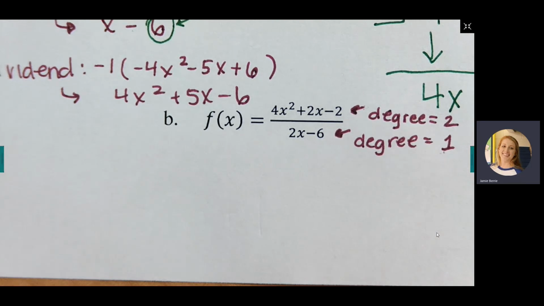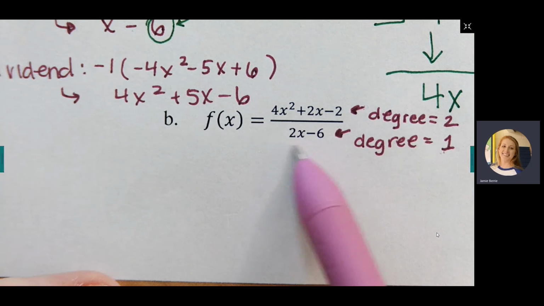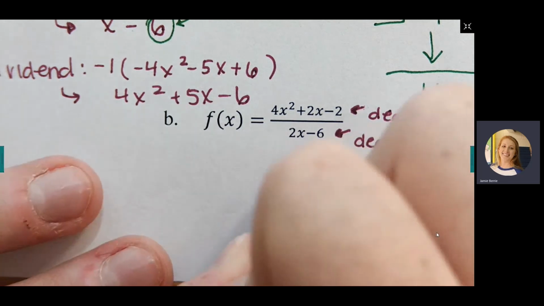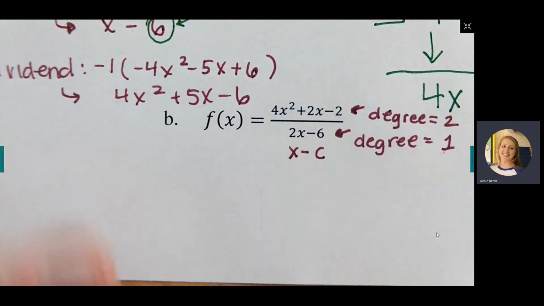All right, so the only problem here is that our divisor is not in the correct form. We need it to be in the form x minus c. So what do you think we should do? How can we get rid of that 2? Yeah, divide by 2. Divide everything by 2. So divide everything in the denominator by 2, divide everything in the numerator by 2.